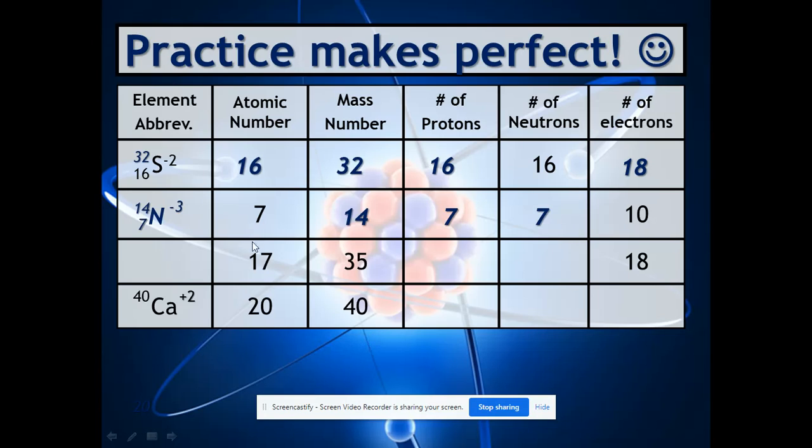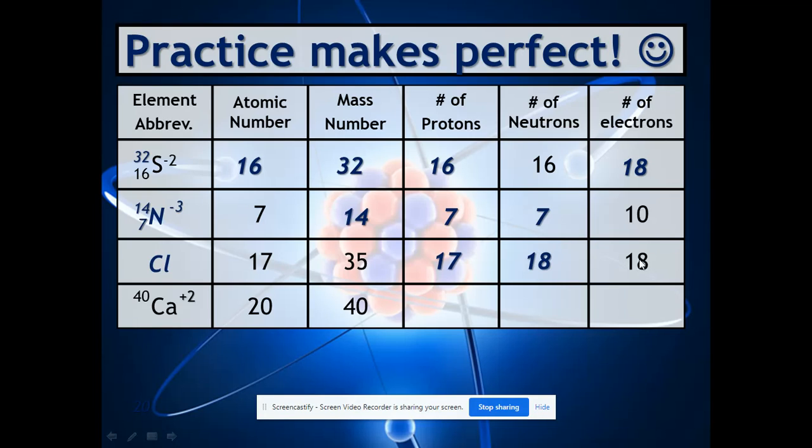All right, so let's look at our next one here. We have 17. 17 is the atomic number. That's going to identify this as chlorine. And my number of protons, also 17. My number of neutrons, I'm going to take 35 minus 17, and I get 18. Okay. And then my electron number here tells me that it's 18.